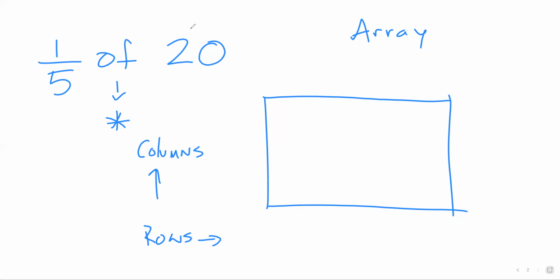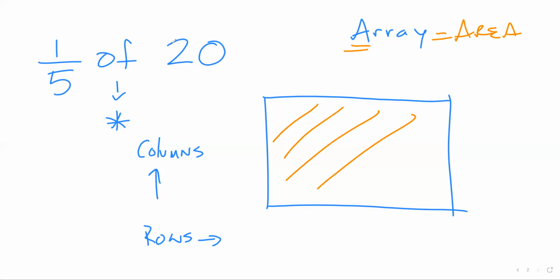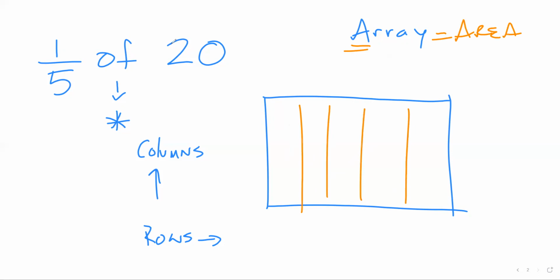So how do we fit this into the model? Well, the first thing I need to understand is that my total array is going to be 20. That's my largest value here. I'm taking 20 and I want to know what is 1/5 of it. So let's break apart what that means. I know that the total area in here, rows and columns, would be 20 squares.